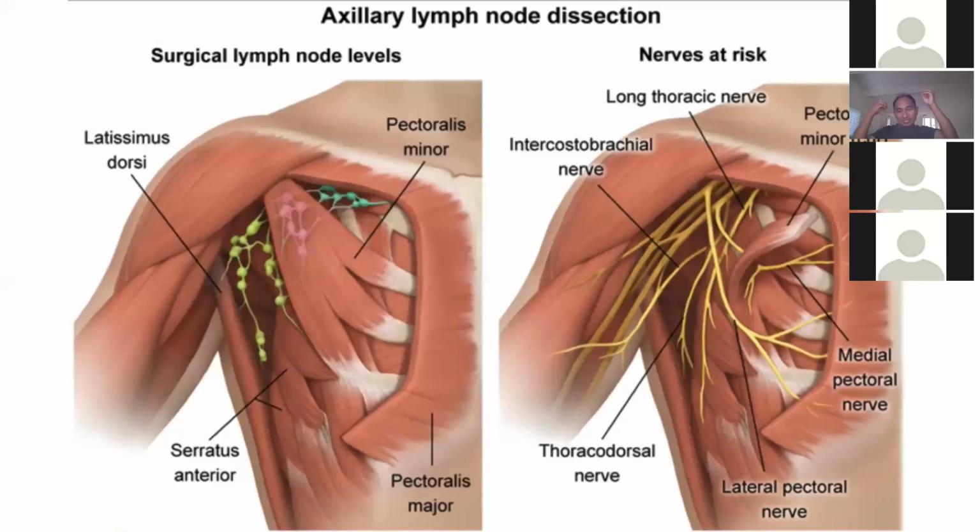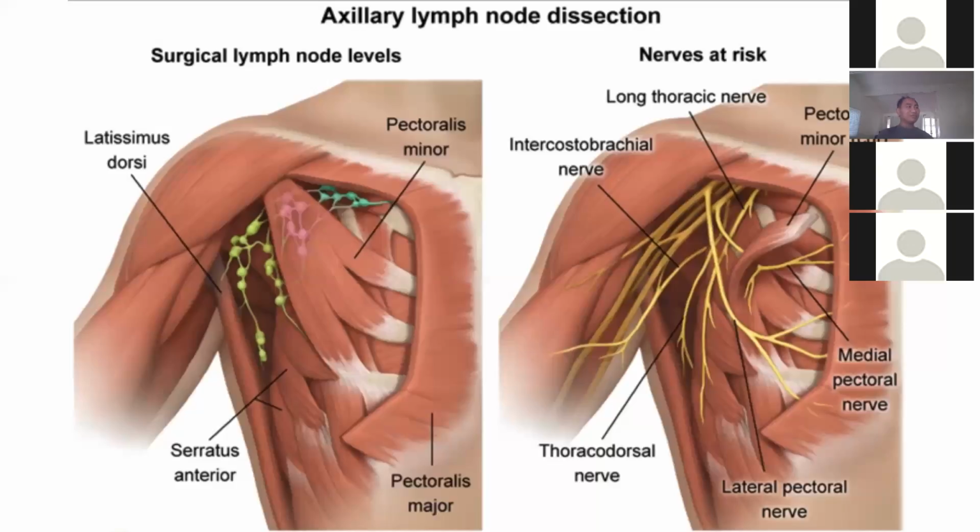That means there is a metastasis into the axilla. So the stage, like stage 1, 2, 3, 4, changes, and the operation we need to do also changes. If the lymph nodes here are clear, then we can just concentrate on the breast. If the lymph nodes here have some cancer cells, we have to follow there into the axilla, and we have to remove the lymph nodes in the axilla.